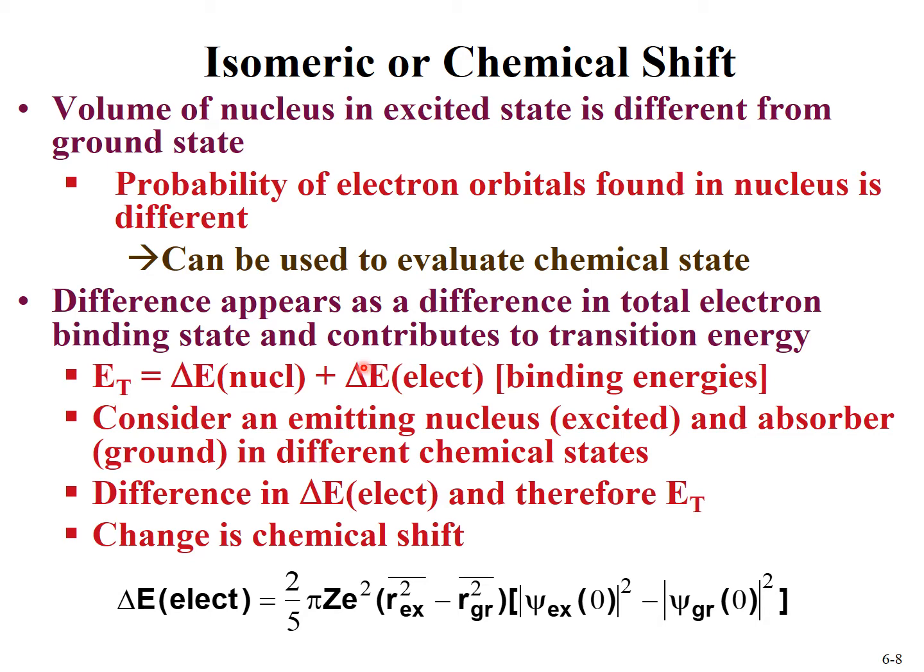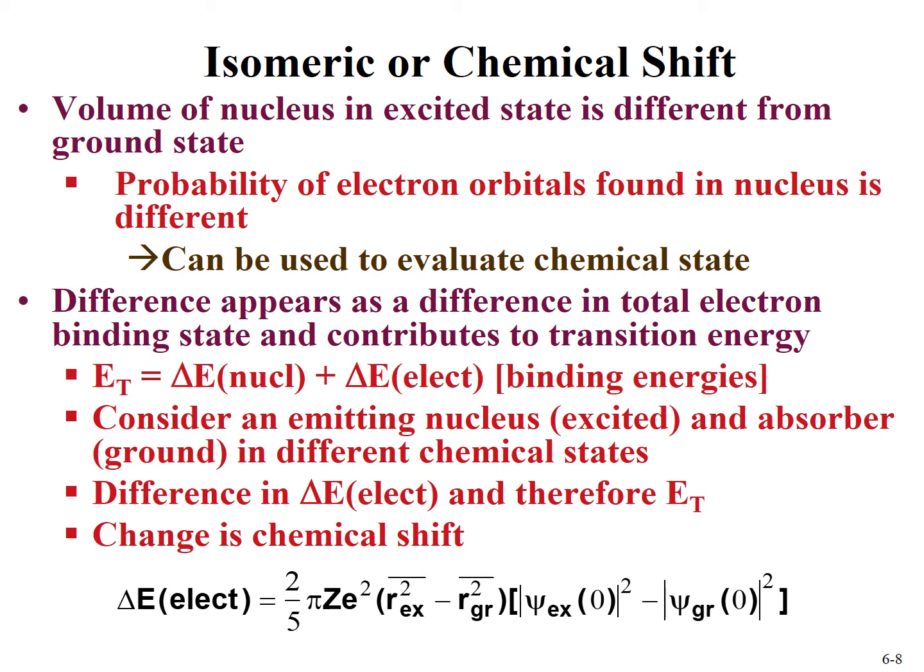The change in the binding energy component can be worked out as a function of the excited and the ground state wave functions. This change is defined as the chemical shift.